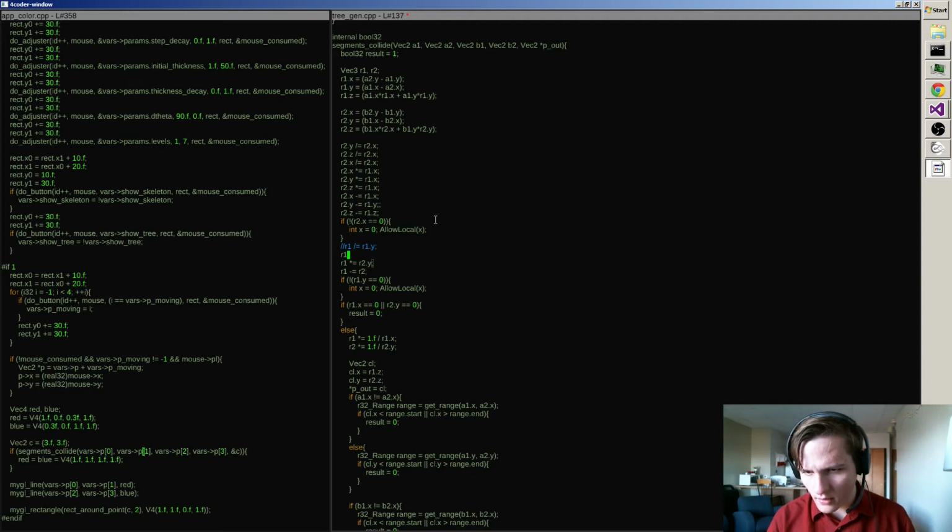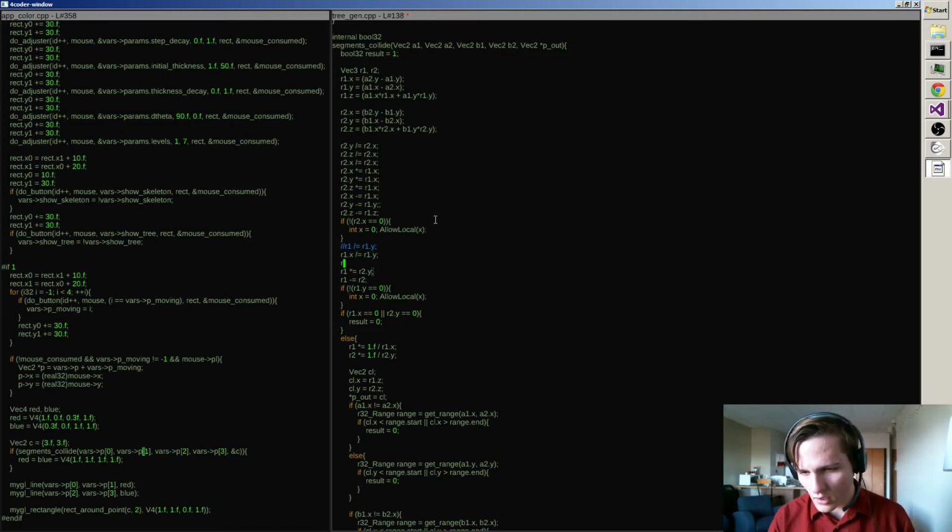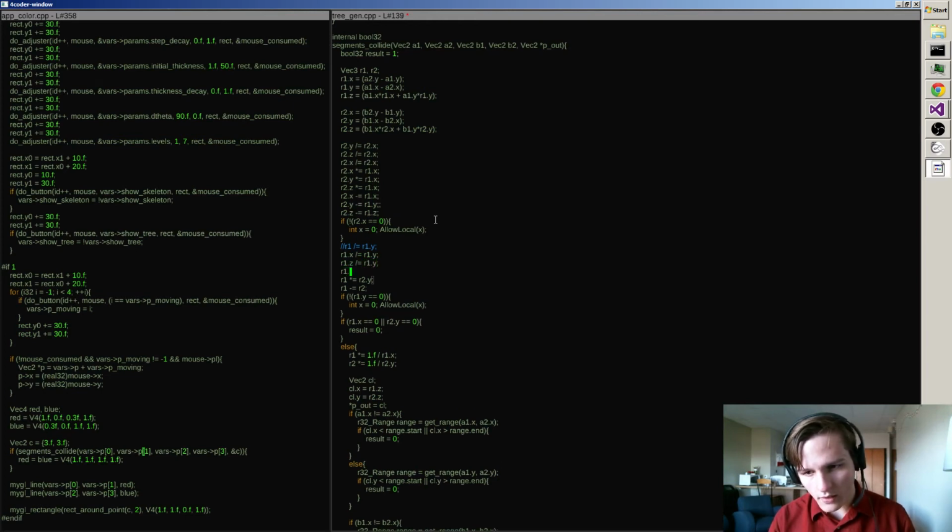R1 dot x divided by equals R1 dot y, R1 dot z divided by equals R1 dot y, and R1 dot y divided by equals R1 dot y.